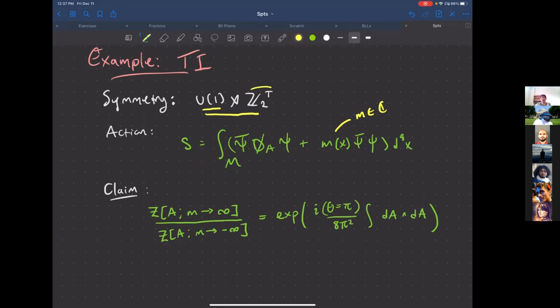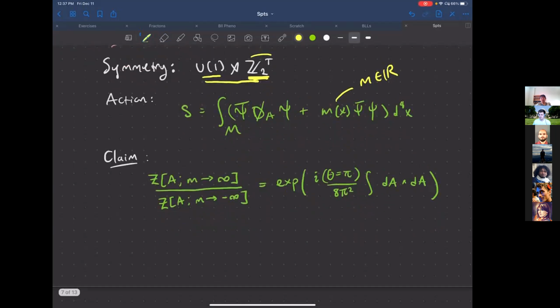And when I do this, I can study the partition function as a function of m. Oh, sorry. m can be any complex number, but I'm going to assume time reversal symmetry here. So m is going to be any real number. Right. Okay. And then the claim here is the following.